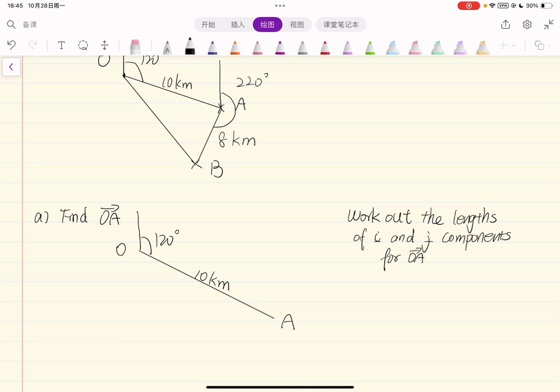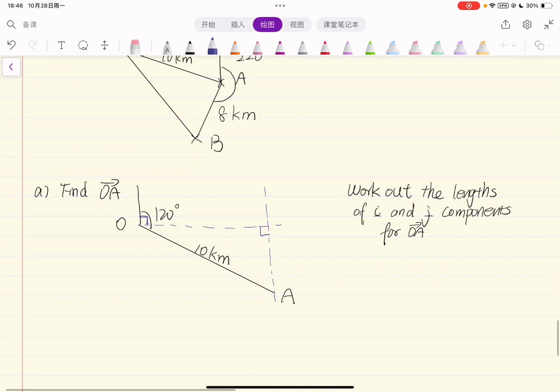Since we know the length of OA is 10 kilometers, we can use a right-angled triangle to find the components of i and j. So let's draw a right-angled triangle. So here should be 90 degrees, and also here is 90 degrees.